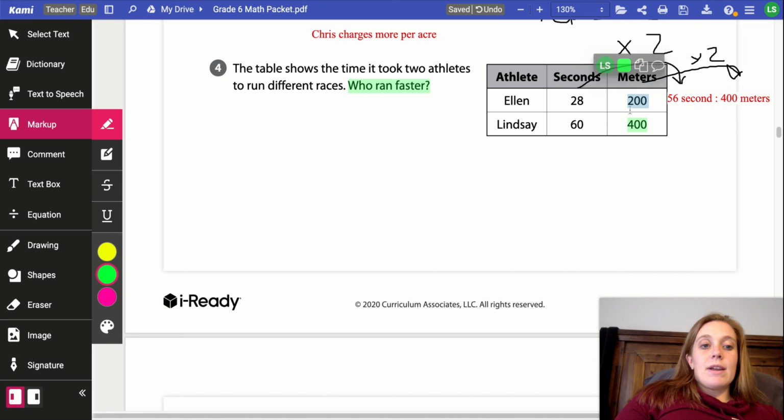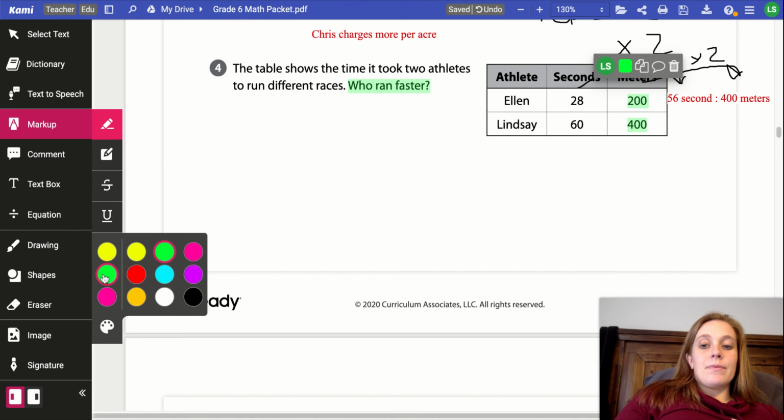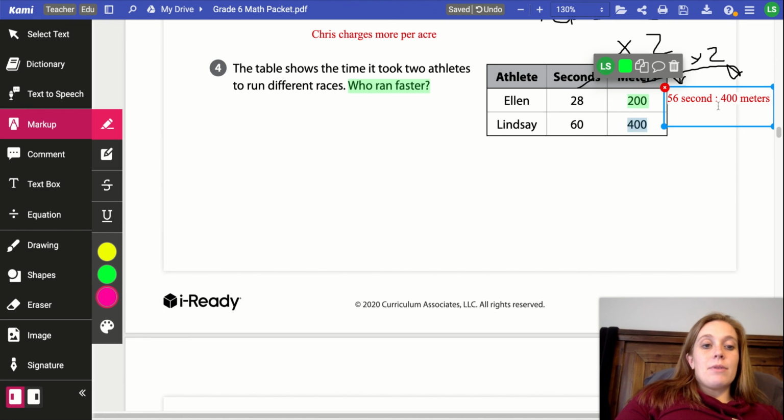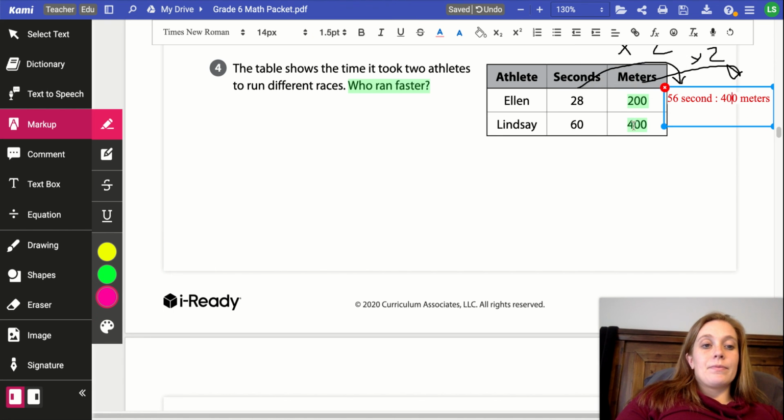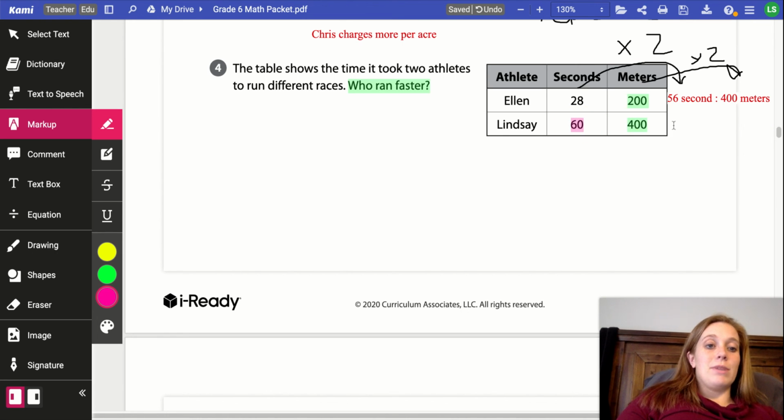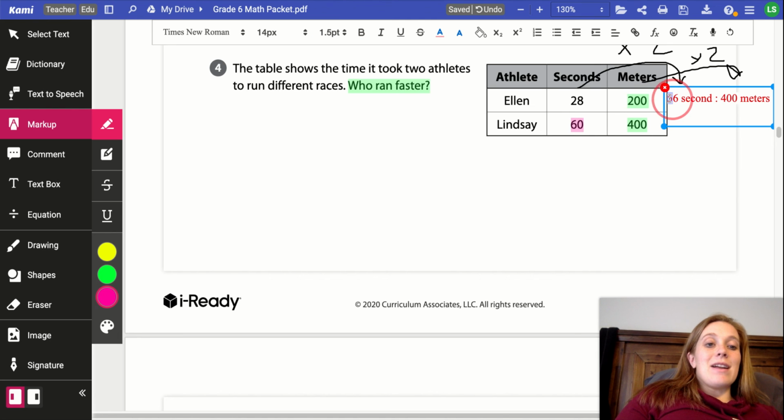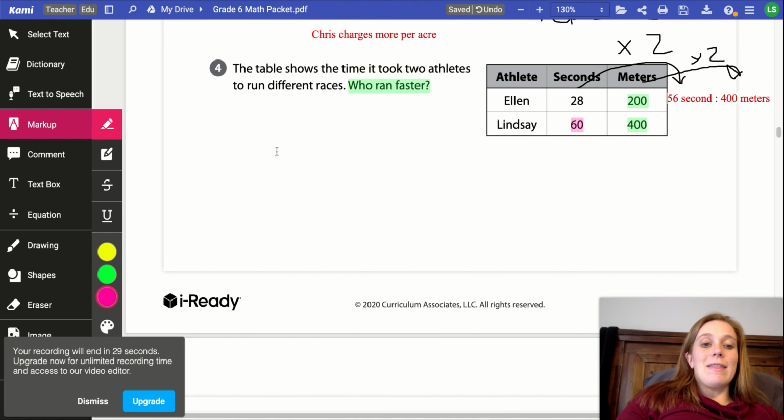But now I have a common number, not with 200, but I have it with 400. So it takes Lindsay 60 seconds to run 400 meters, and it only takes Ellen 56 seconds to run 400 meters.